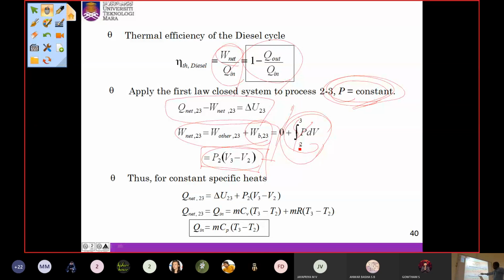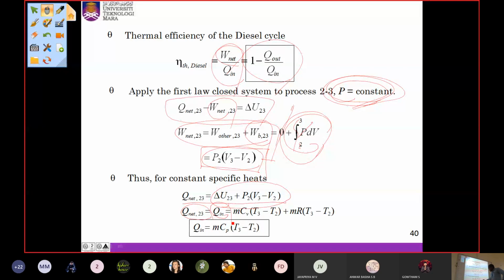If you substitute this W value into the first law of thermodynamics, we can get Q net as delta U plus P into the change in volume. Then Q net here is Q in.